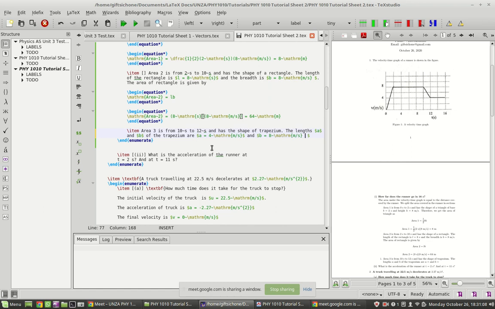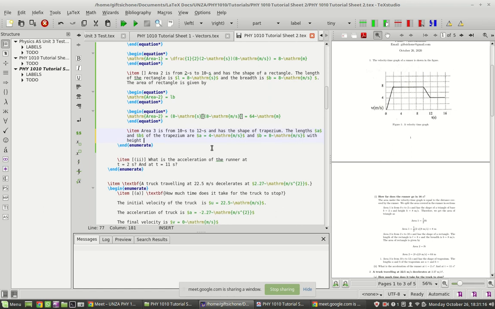With the height, how much will be the height? The height is going to be 2 seconds.